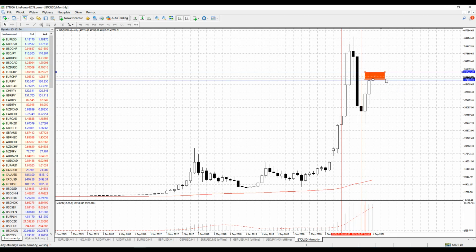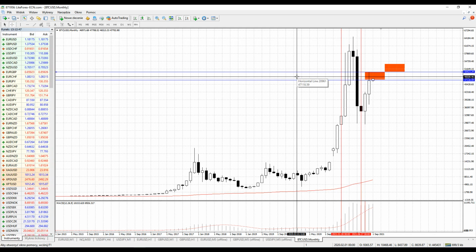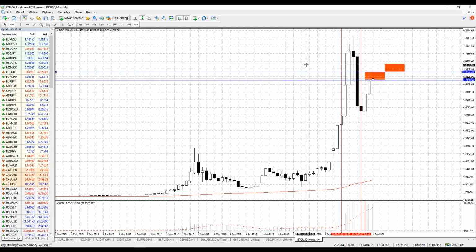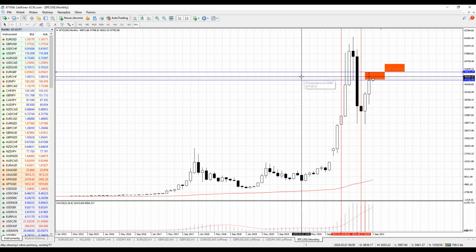Now, if we are going to discuss previous month high and close, then we know from the monthly chart, again, if you are a long-term trader, that supply is around 53,000. Okay, now we have it.